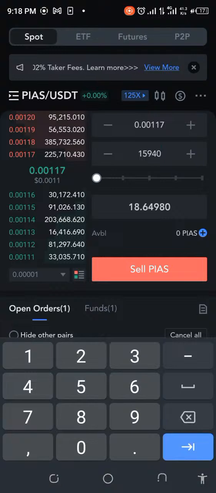Okay, we're gonna lose money, a little bit of money though. All right, because don't forget it was 18.7. Okay, so now if we sell at this price of 0.00117, we're going to lose like about 6 cents. So that is definitely not going to work for us. Okay, but anyways, let's see how this goes. I'll be back to give you the results shortly.